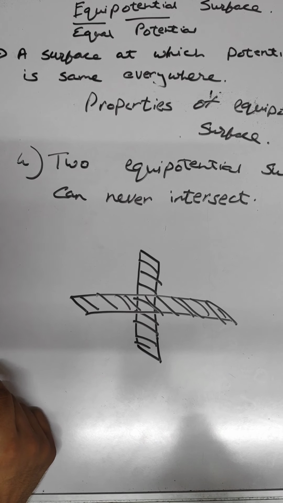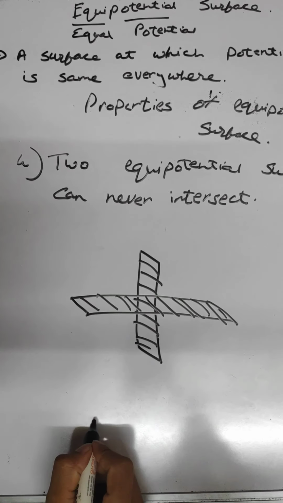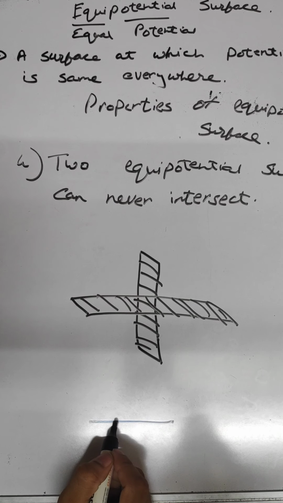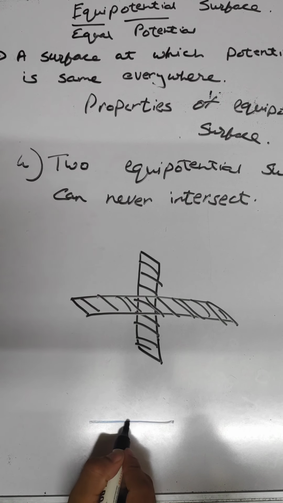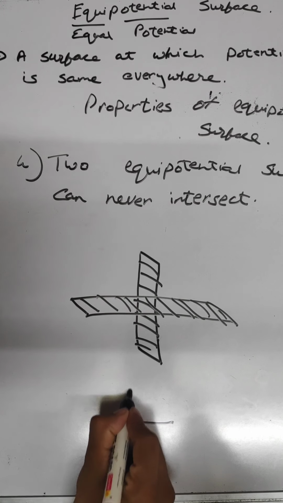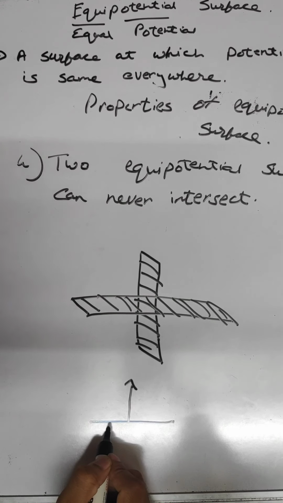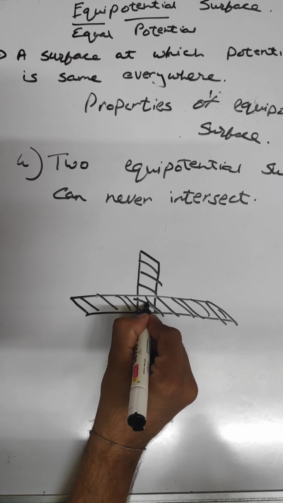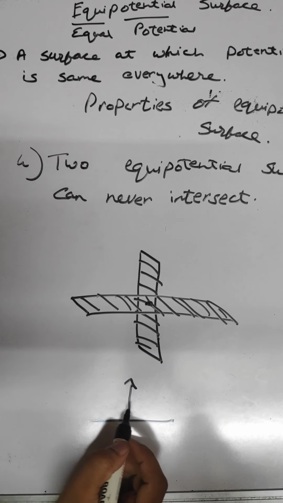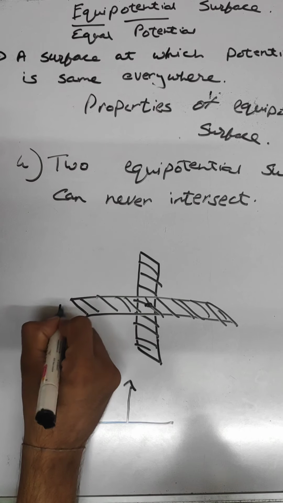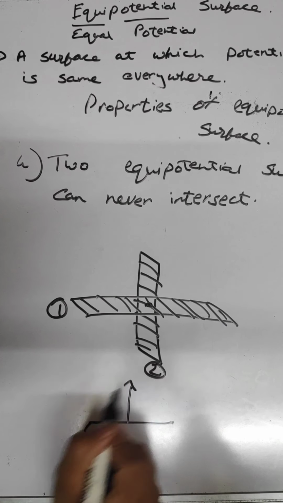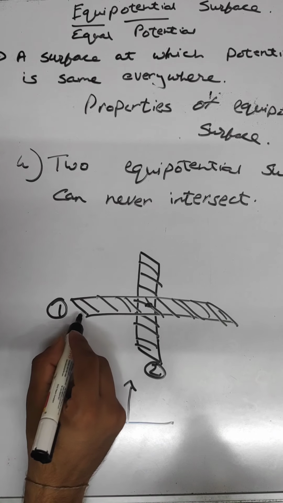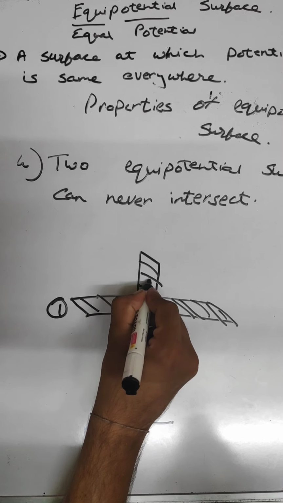Now the electric field produced due to this surface. This is an equipotential surface, and in the previous property we have studied that the electric field must be perpendicular to the equipotential. So this will be the direction of the electric field on this surface. Let us take the point of intersection, and name the surfaces 1 and 2. The electric field due to equipotential surface 1 will be in this direction.